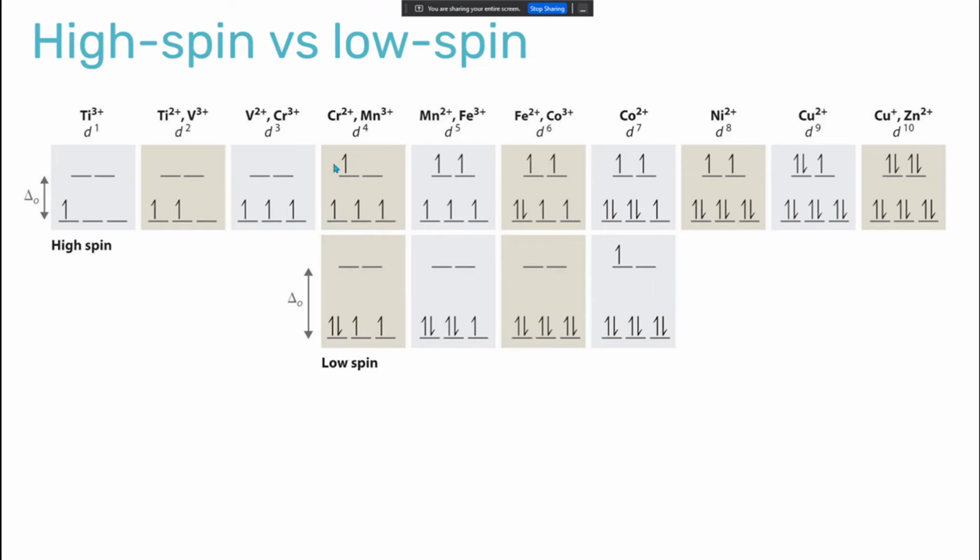However, if the difference between those energy levels is big enough, then you can pair your electrons, and that would be low spin because you see only 2 electrons are parallel. This is paired, and here on top you have high spin because you have 4 electrons with the same direction of spin.